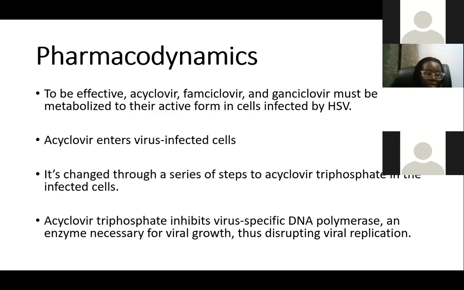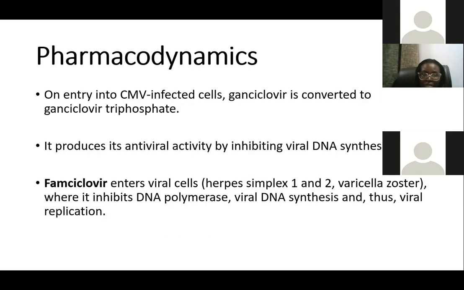We all know that DNA polymerase has an active role in viral replication. So that's usually what happens. And for acyclovir, the active form is acyclovir phosphate. And then all the others go through the same thing.